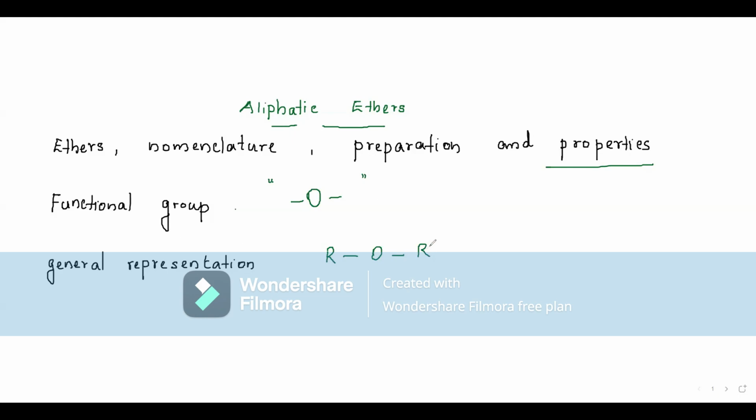If on both sides of the oxygen atom you find an identical alkyl group, then we call them simple ethers or symmetrical ethers. But the group on both sides can be different. In such a case, ethers are called mixed ethers.